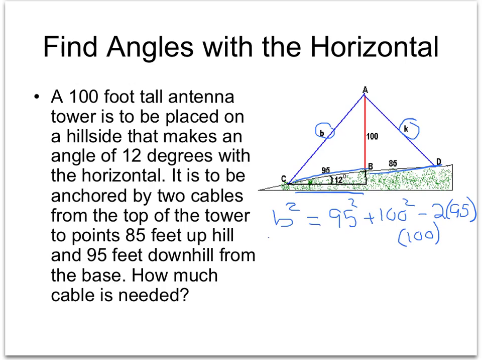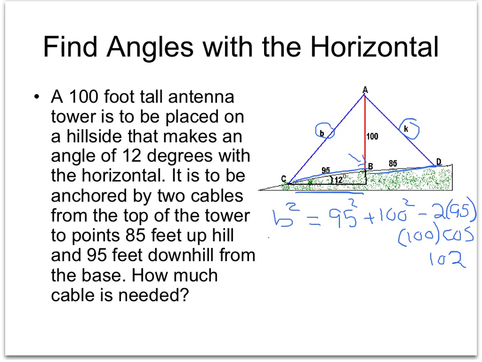And now we need the angle right there to plug into the formula. Careful with that. It's a little bit trickier to figure out. If the hill is inclining at 12 degrees, then the decline from the red line down the hill is 90 degrees would be the horizontal plus 12 degrees downward. So that angle is actually 102 degrees. 90 degree horizontal plus 12 degree incline.